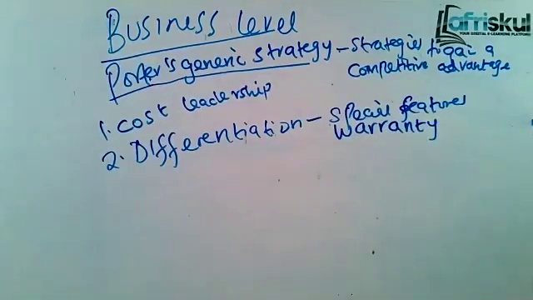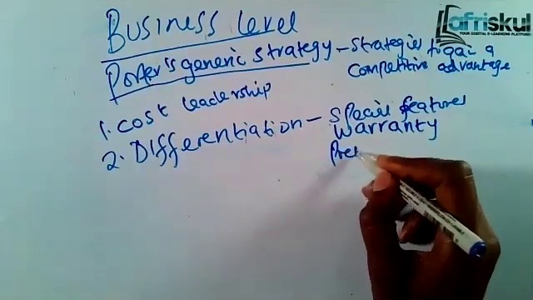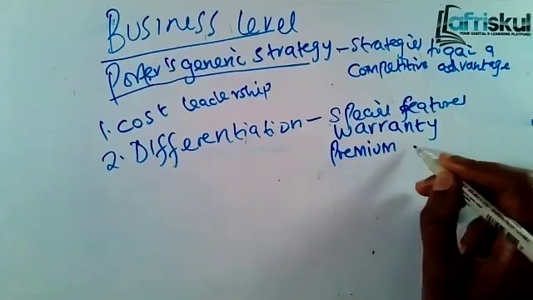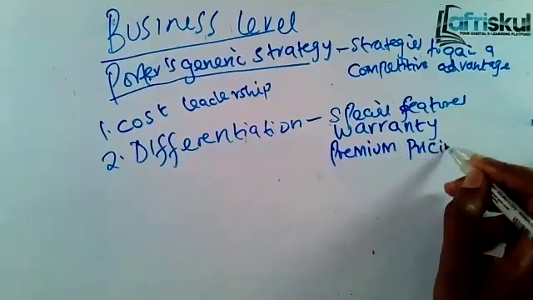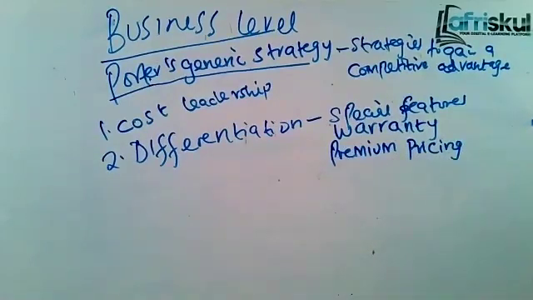You can provide warranty. You can achieve differentiation through premium pricing. At times, people go to supermarkets and buy products that are highly priced, feeling that they have more quality. Even though the quality is the same, they feel, well, let me buy this one. It's of higher quality than the others.